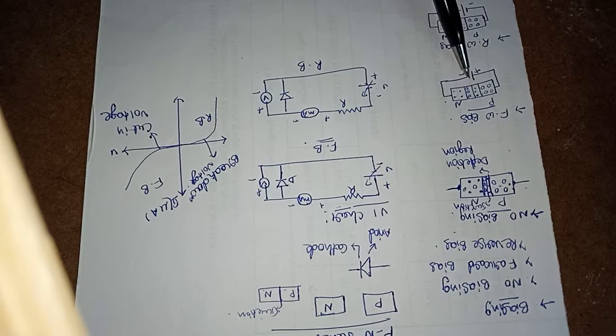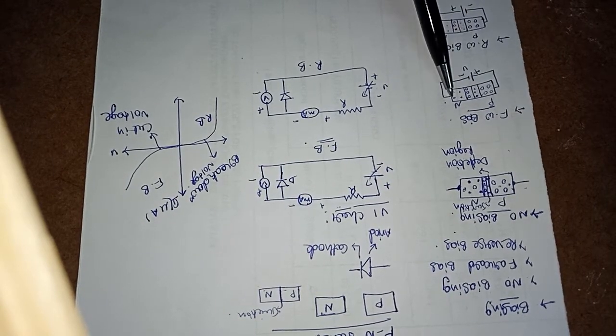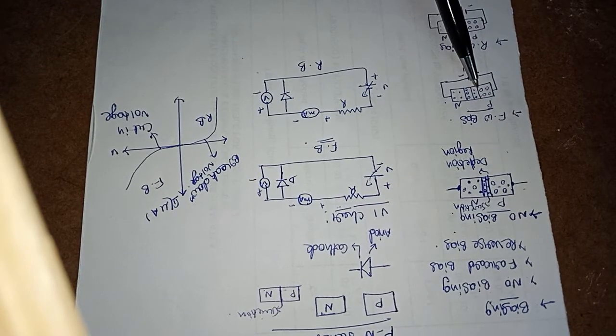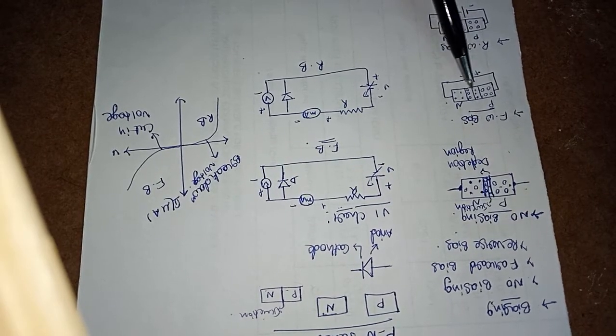So here the current will be conducted. There is a current flow through the diode because the voltage is applied in the form of forward bias. So the depletion region is decreased.